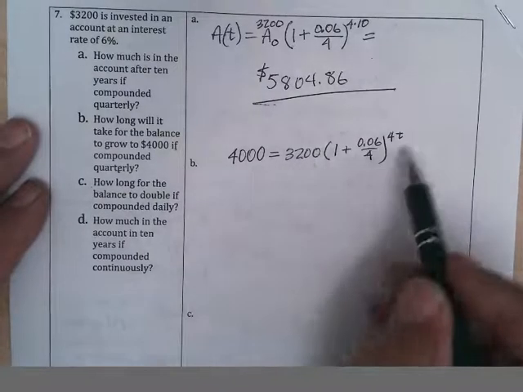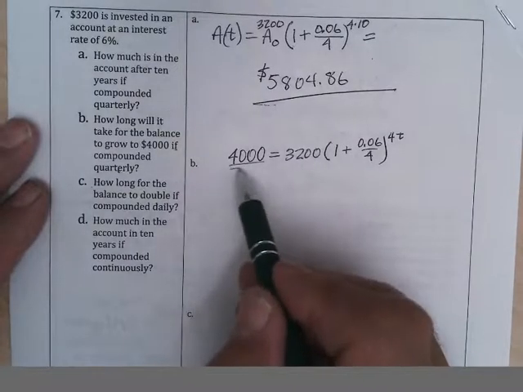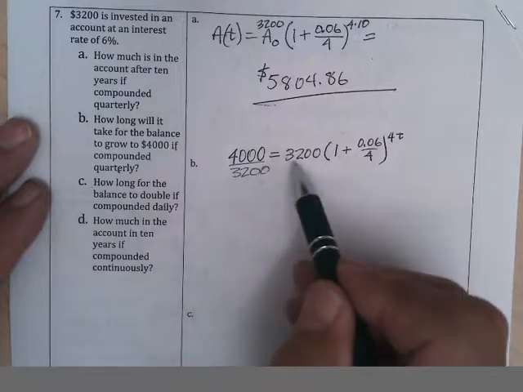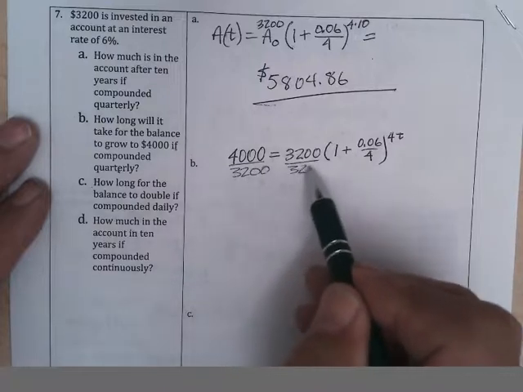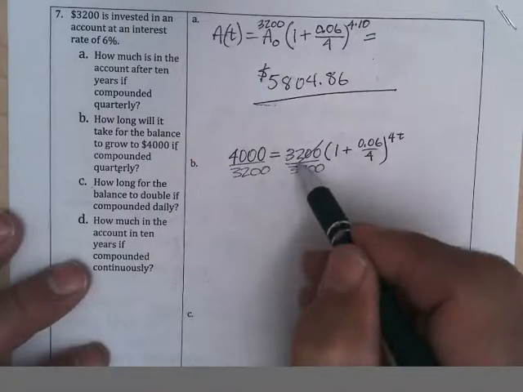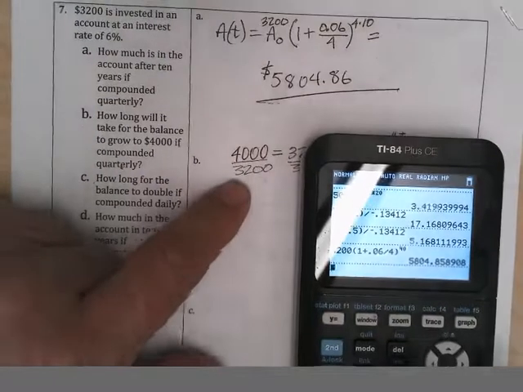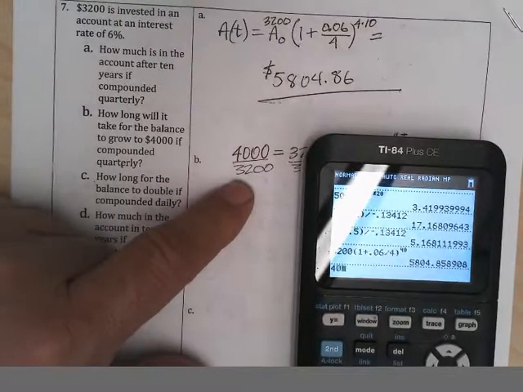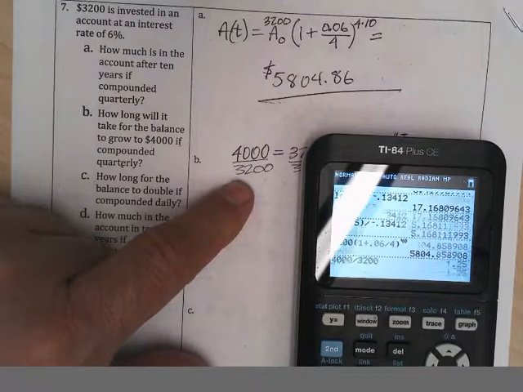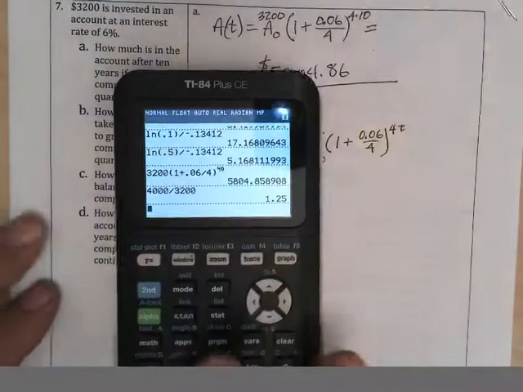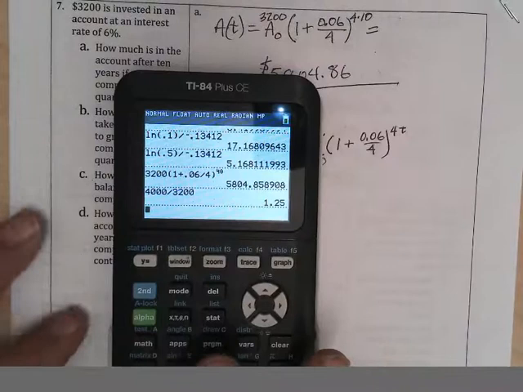Now, to make this a little simpler, we could divide both sides by 3,200, so we don't have such big numbers. And so we're saying, when will the account grow to be 4,000 divided by 3,200, grow to be 1 quarter times as much as it was.